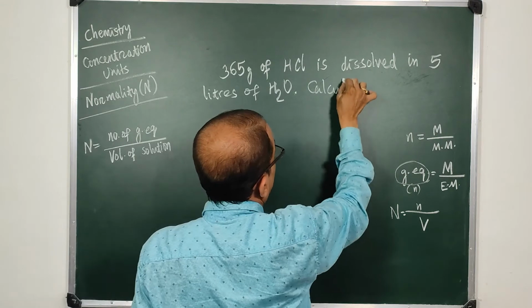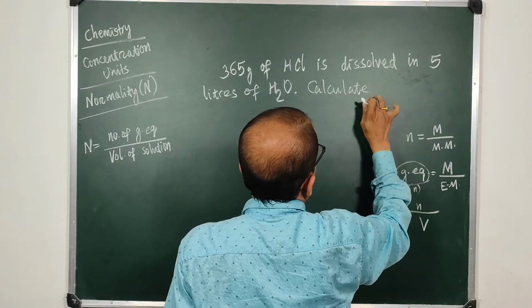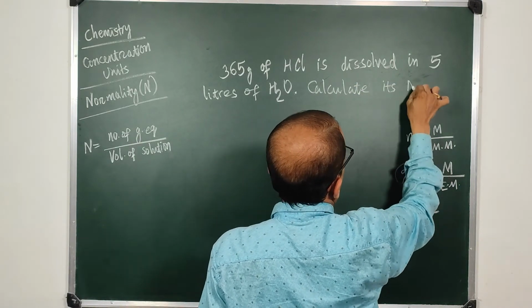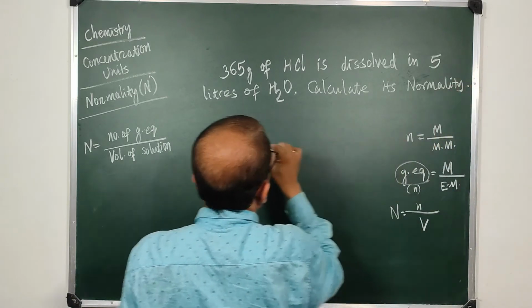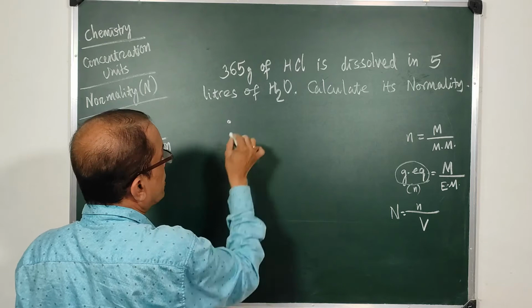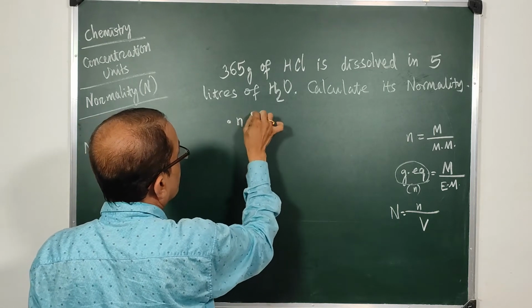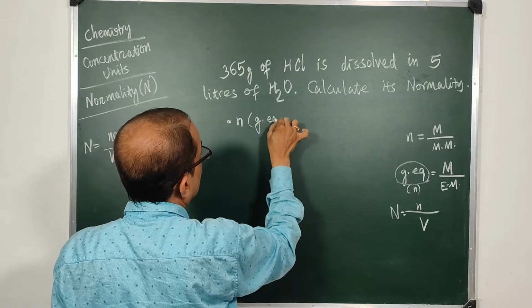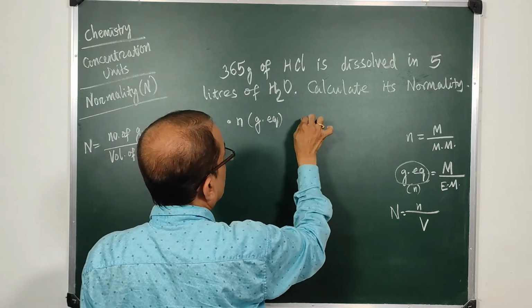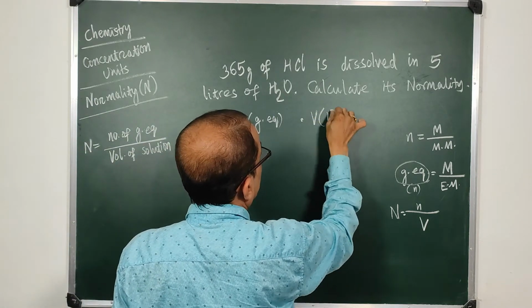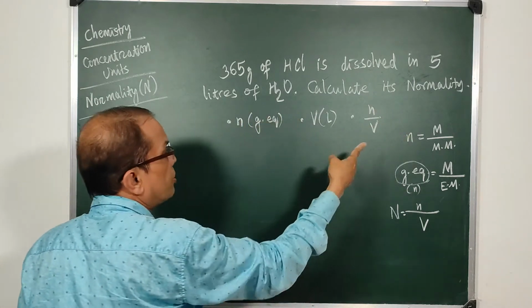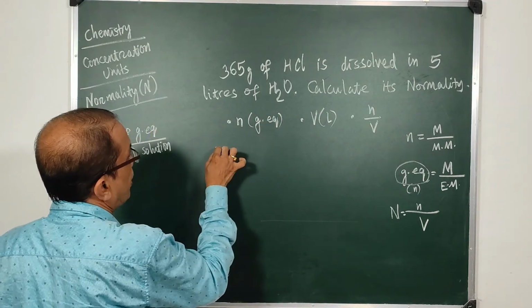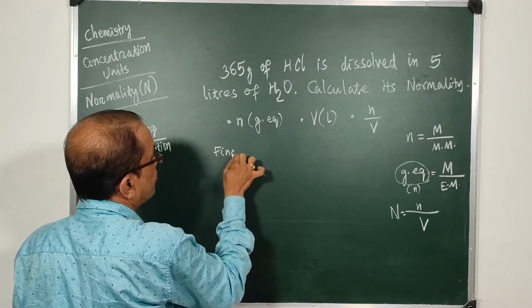Calculate its normality. So I have a few steps. First I have to find the number of gram equivalents, then I have to consider the volume in liters, then I have to divide these two. A three-step job. First step, finding the number of gram equivalents.